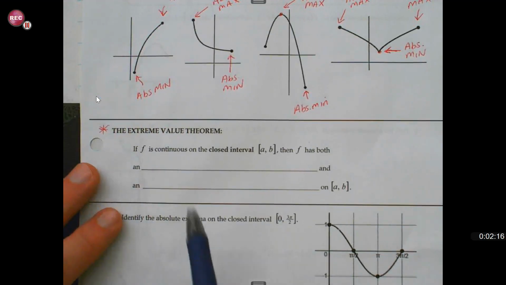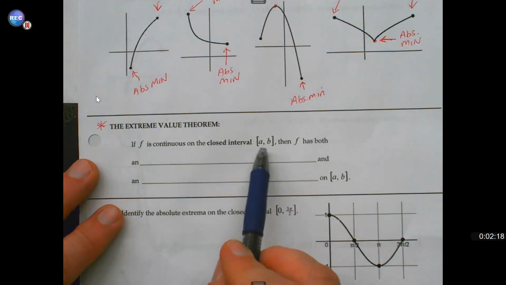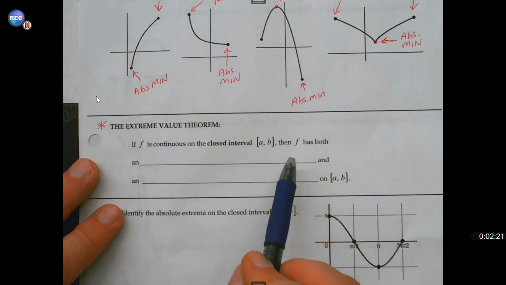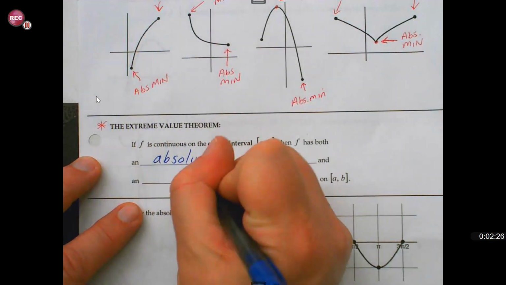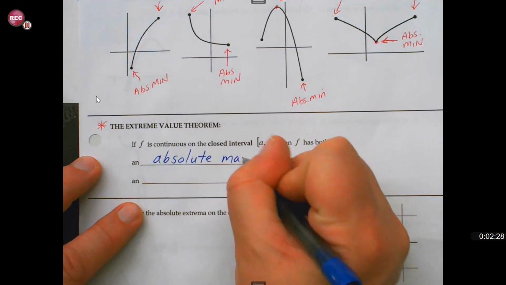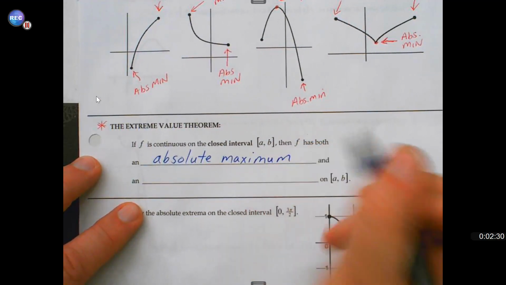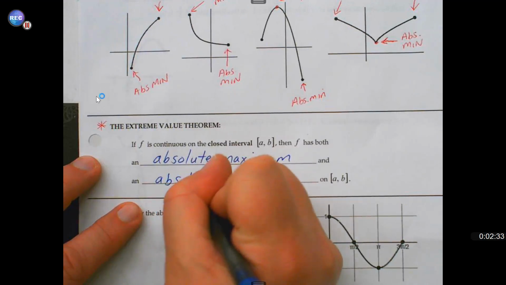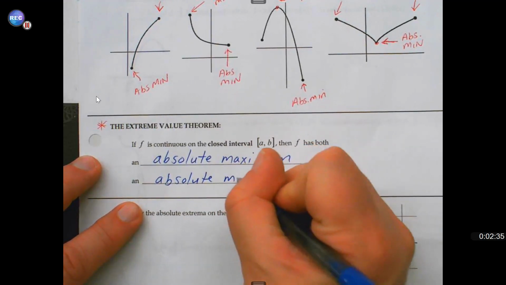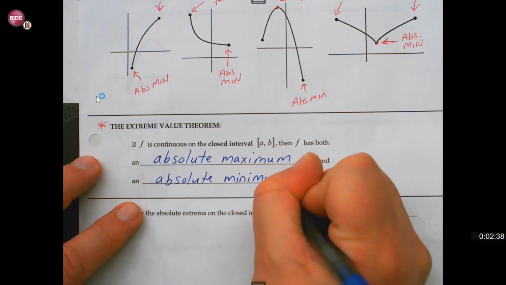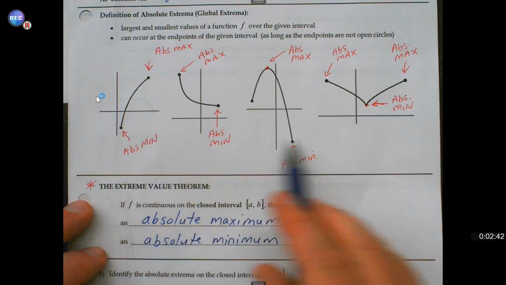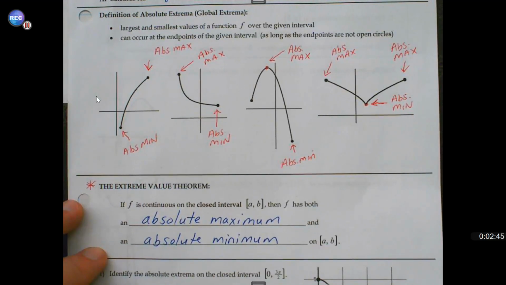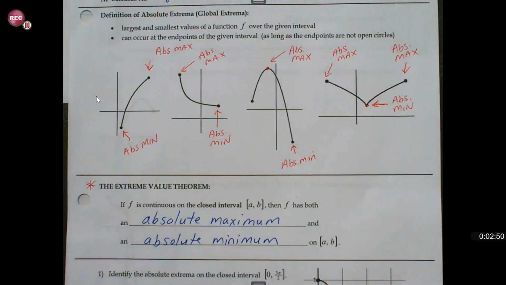It basically says if your function's continuous on this closed interval from a to b, then f has both an absolute maximum and an absolute minimum somewhere on that closed interval. If you look at those four pictures, these are all continuous functions on the given interval, and they all had an absolute max and an absolute min. That's pretty much what the theorem is saying.